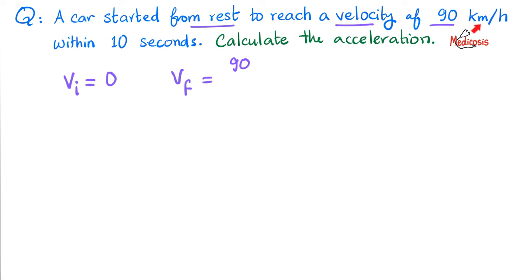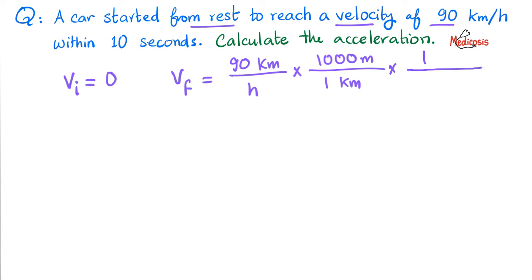But look, they give me this in kilometers per hour and then 10 seconds. So let's convert kilometers per hour to meters per second. 90 kilometers per hour. To convert kilometers into meters, what do you do? You multiply by 1,000. As for 1 hour, it has 60 minutes and each minute has 60 seconds. An easier way to do all of this is to multiply the kilometers per hour by 5/18 to get the answer in meters per second.